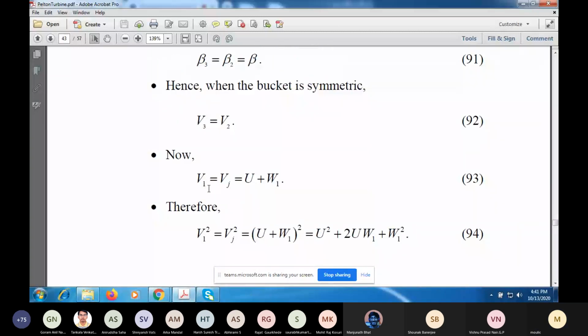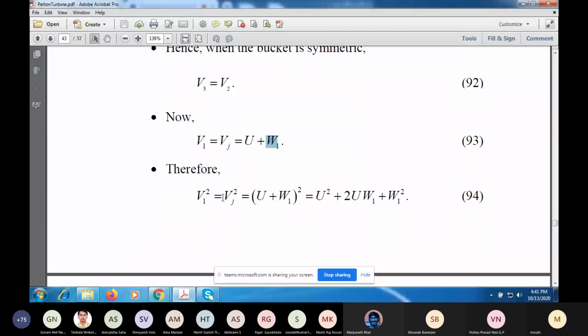Now V1 is Vj, which I can write as U plus W1 because W1 is the relative velocity. W1 by definition is Vj minus U. So V1 squared is equal to Vj squared, which is U plus W1 whole square. So I can write it as the sum of three terms, as I have shown in equation number 94.